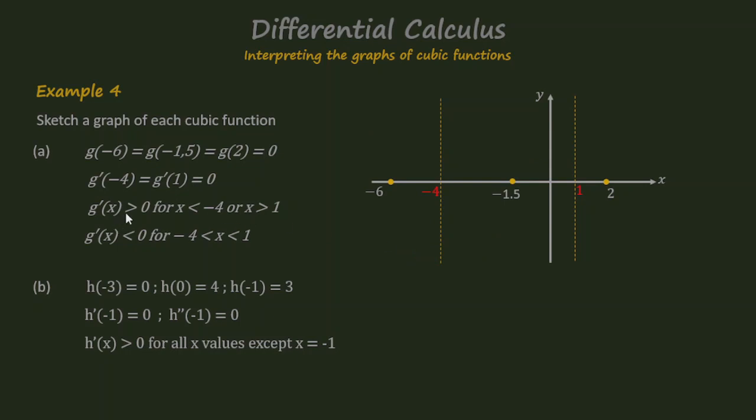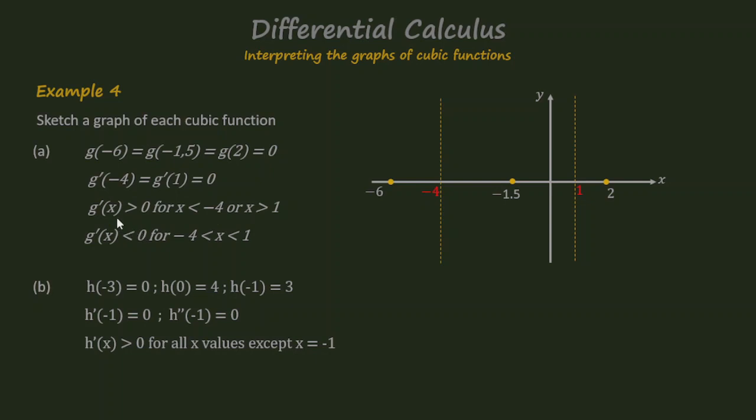Now let us read the third statement. The third statement says the first derivative of G is positive, or greater than 0, when x is less than negative 4 or when x is greater than 1. What does the positive derivative of a function mean?